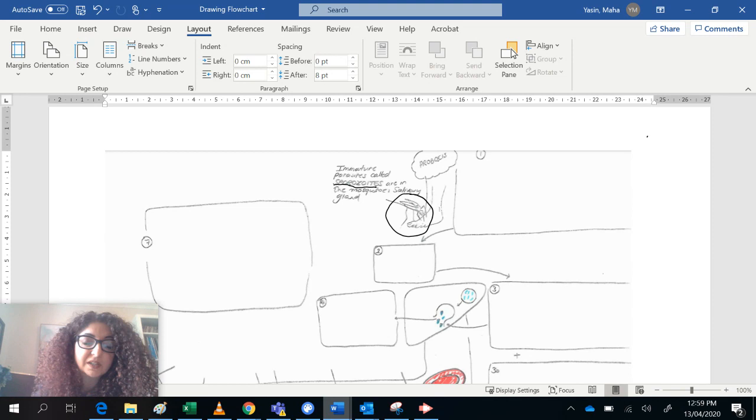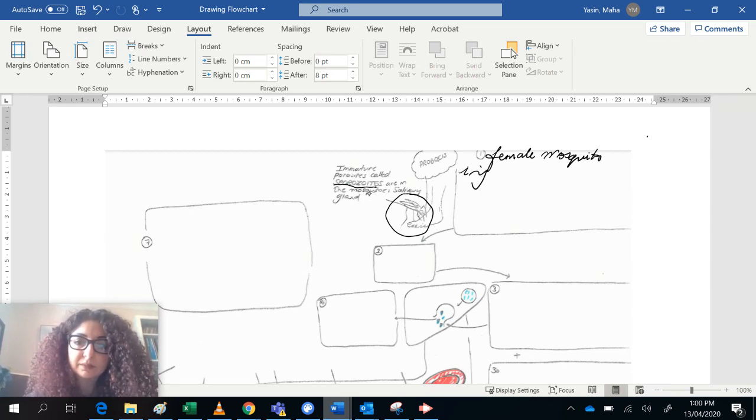So with this first box just here, what we're actually going to write is that the infected female mosquito will inject its proboscis into the host's skin, reaching the capillaries where it draws blood and releases sporozoites. So I'll just write that one up with you. We're going to say here, female mosquito, and then that one injects proboscis.